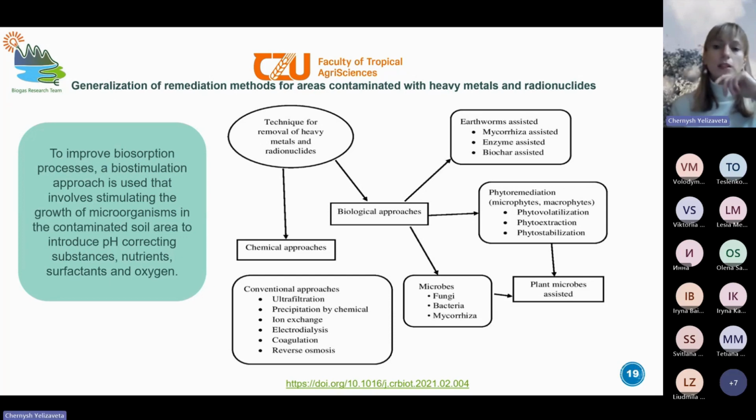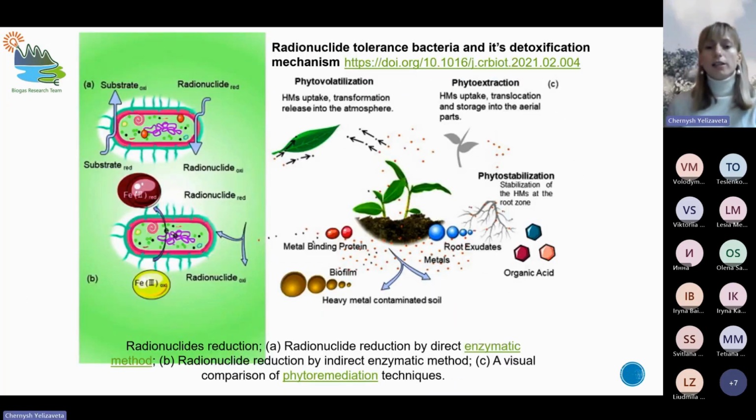Also, the use of biochar is often differentiated now; we will go to biochar later. Radionuclide-tolerant bacteria, and genetic modification of this type of bacteria, is one direction of research, and there is a lot of research on the combined absorption of heavy metals and radionuclides in contaminated soil, using macroanalogs of radionuclides.